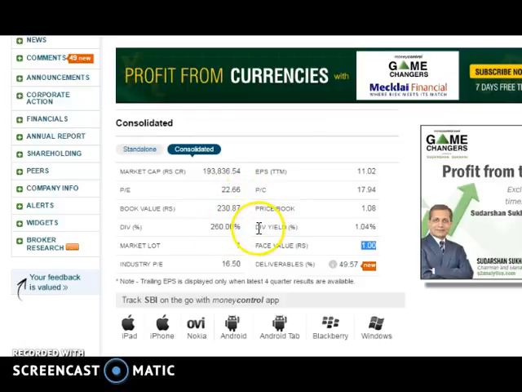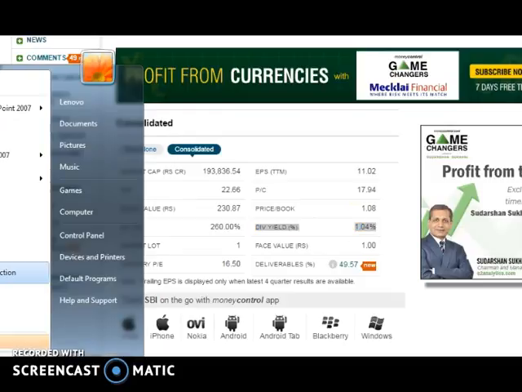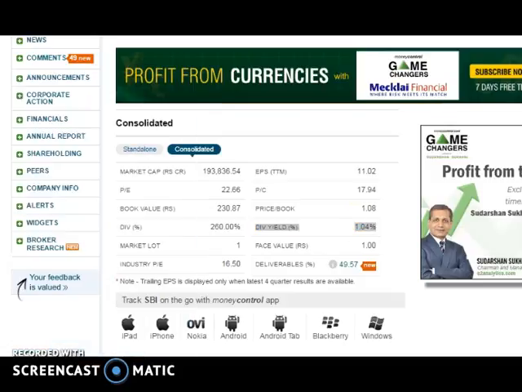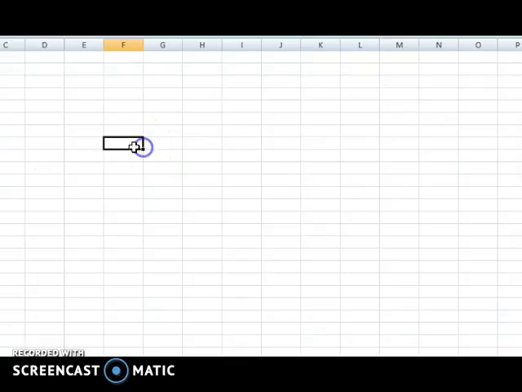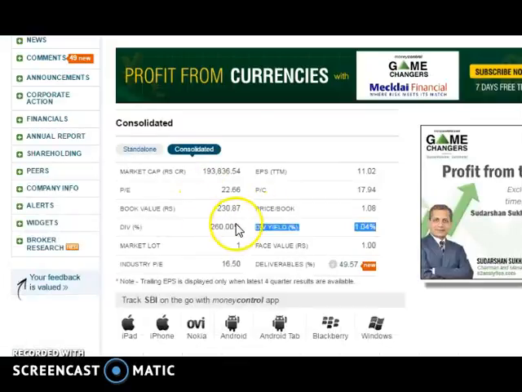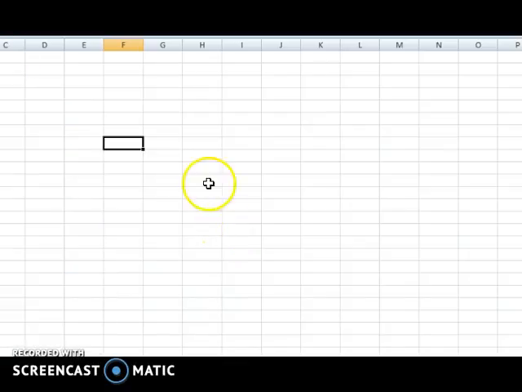Also, we'll see what the dividend yield is. You have to look into this dividend yield. Better, we will take an Excel sheet and do the calculation over there, so you'll get a clear-cut idea. Let me open a spreadsheet. If you open this one, here the dividend percentage is 260%. Dividend percentage is 260.